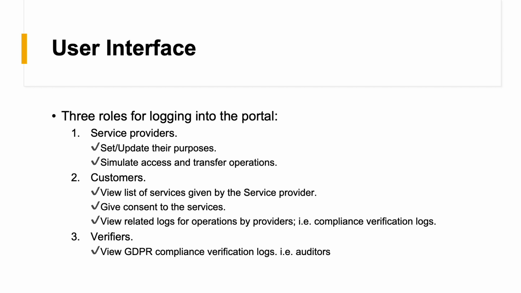Customers can view a list of services given by the service provider, give consent to the listed services, and view related logs for operations by providers, such as compliance verification logs. The third is verifiers. The verifier can view GDPR compliance verification logs. Now we will go to the system demonstration.